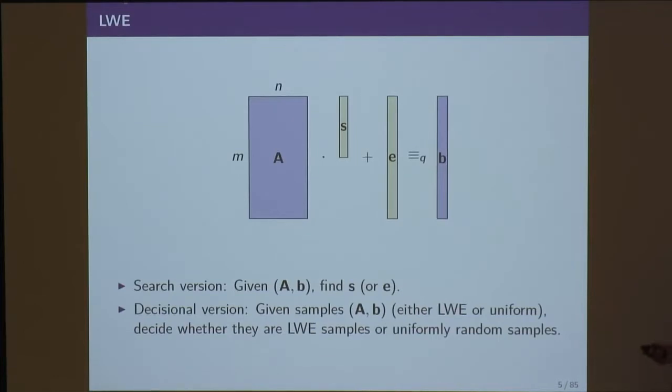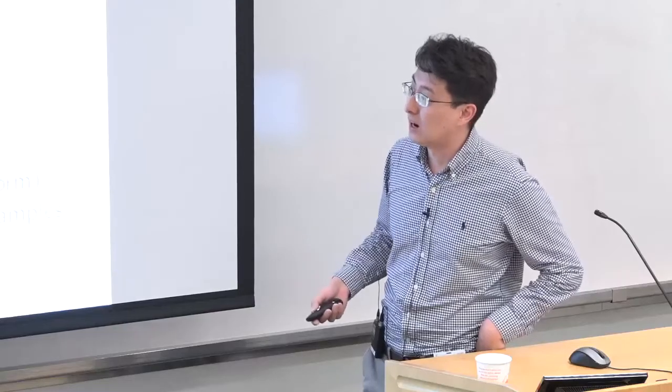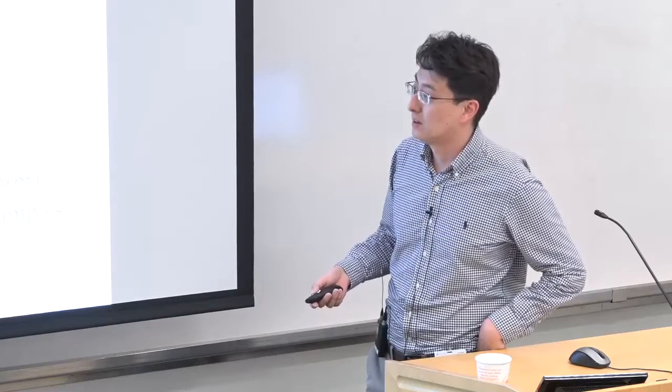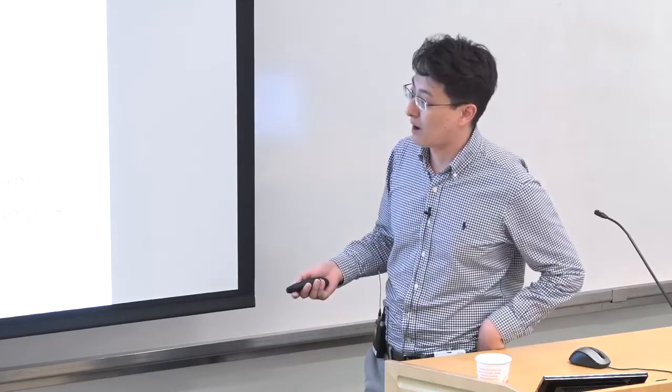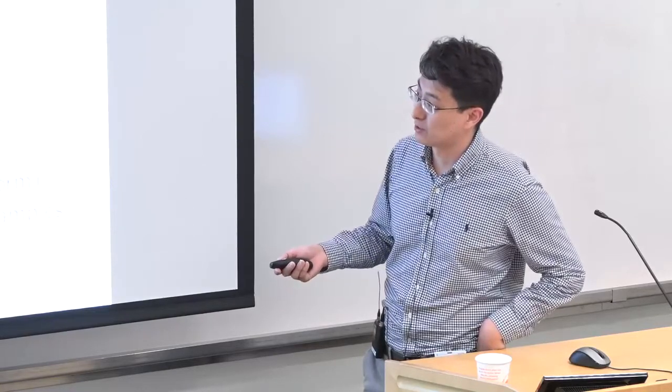Decide whether they are coming from LWE or uniform. There is a reduction from the search version to the decision version and vice versa, which is trivial, but there might be some loss during this reduction. In practice, we could either solve the search version or the decision version.